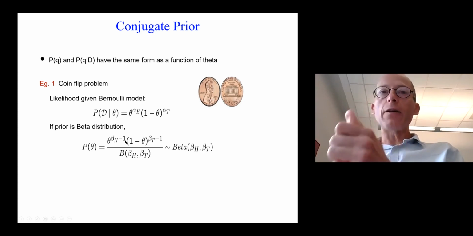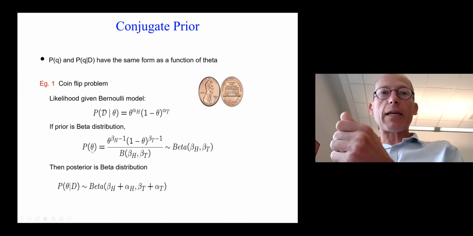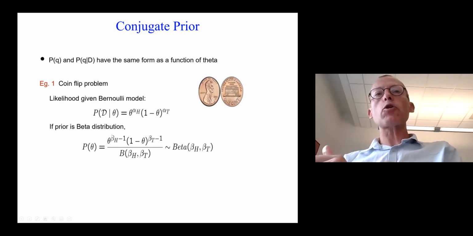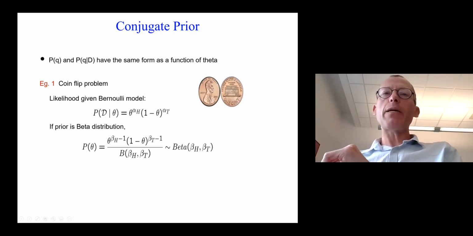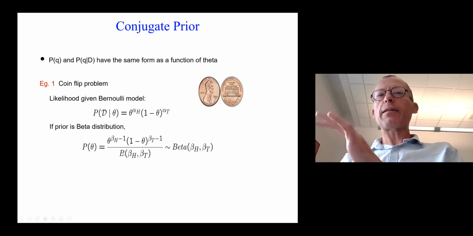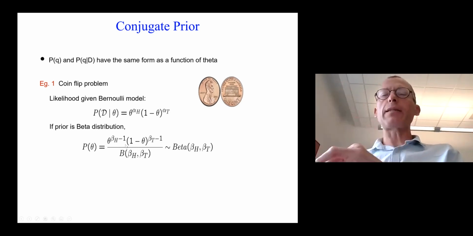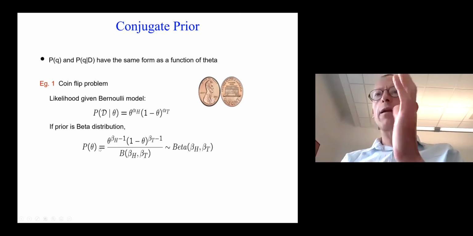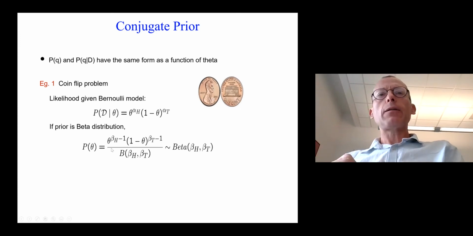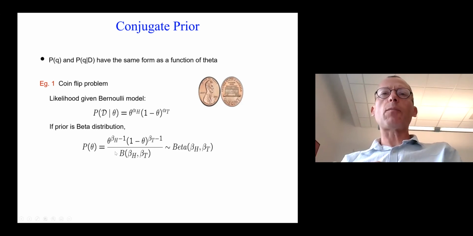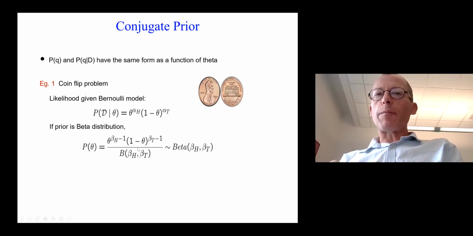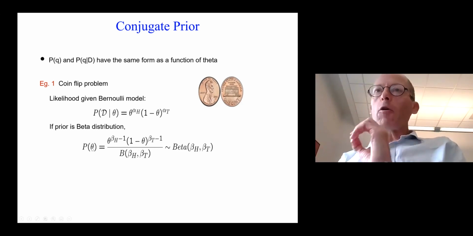Once you have these two values, the probability of a specific theta under the beta distribution is theta to the beta_H minus 1, times 1 minus theta to the beta_T minus 1, divided by B. This is a normalization factor that makes sure the function sums to 1 for any value between 0 and 1, since it's always positive and this is a probability. This is the definition of a beta distribution, and this is the prior we put on theta.